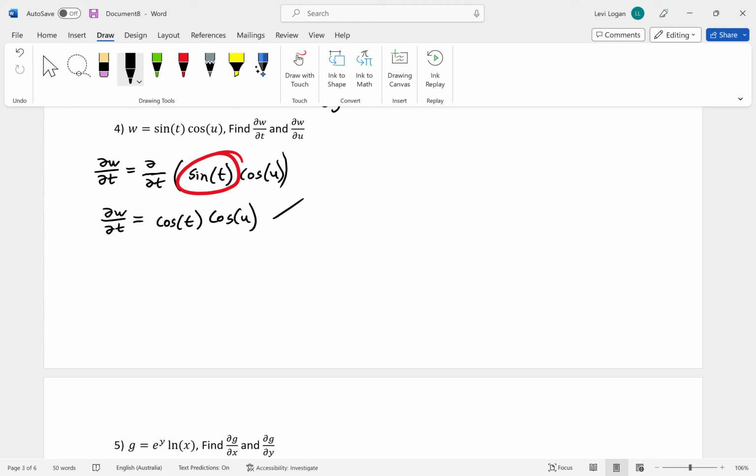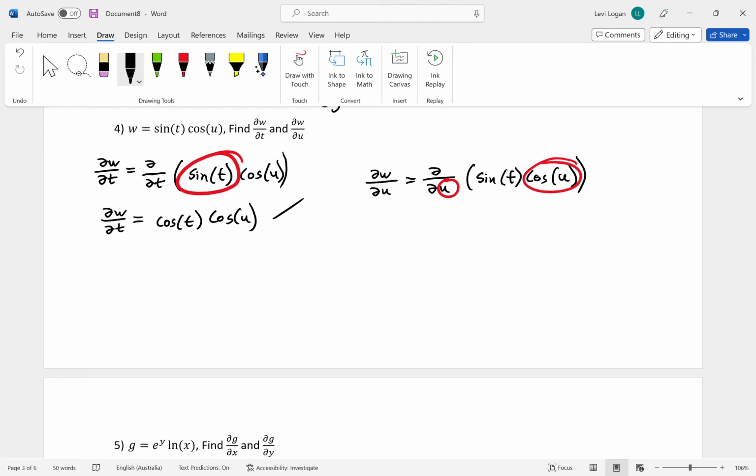Now let's find the partial derivative of w with respect to u. What do I care about? Looking for my u. My u's in here, my u's not in here. I don't care about my sine.